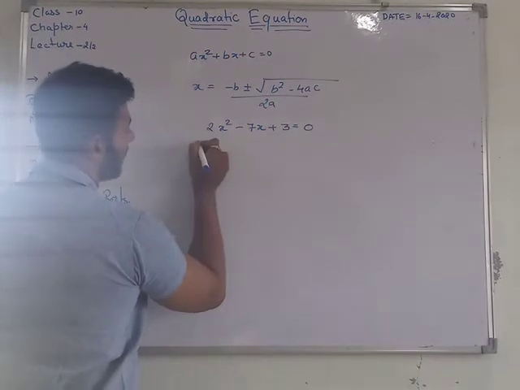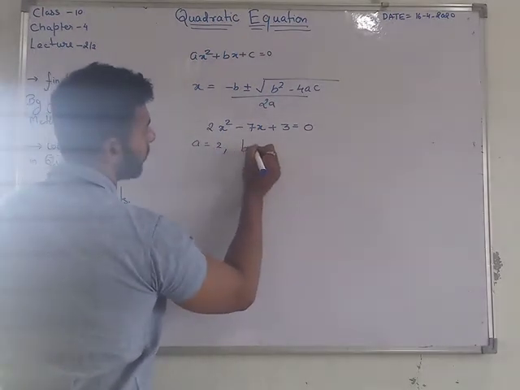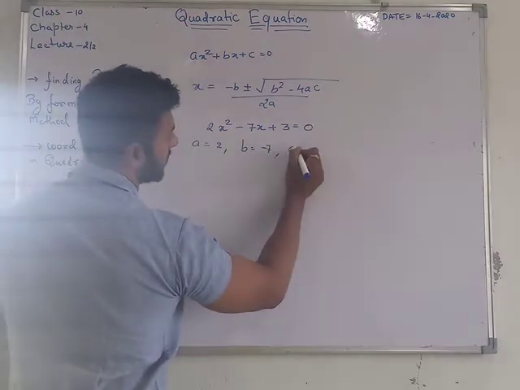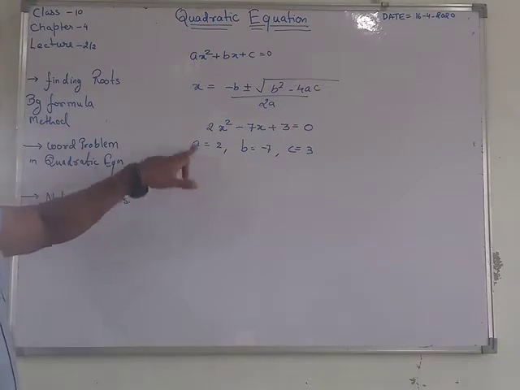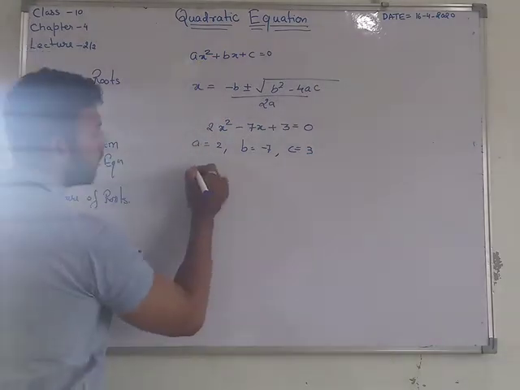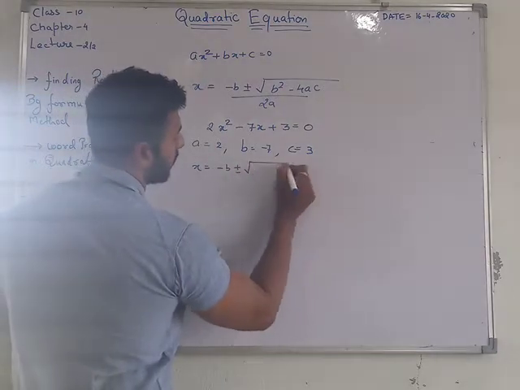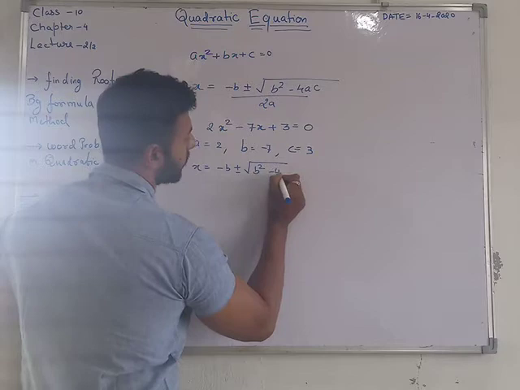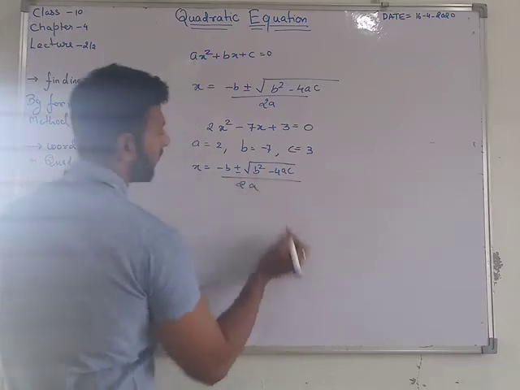Now identifying the coefficients: a is equal to 2, b is equal to minus 7 and c is equal to plus 3. Now we have to substitute all these values in this formula. The formula is x is equal to minus b plus minus under root b square minus 4ac by twice of a.